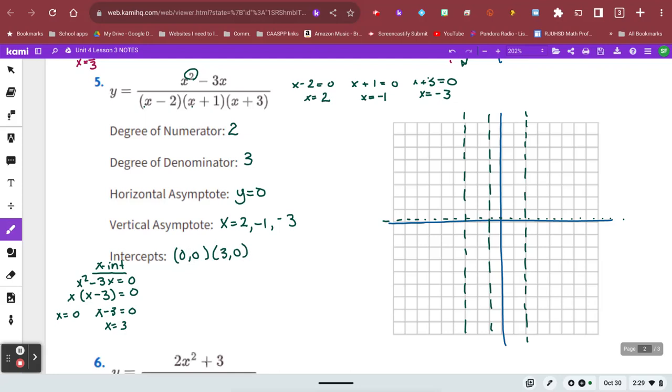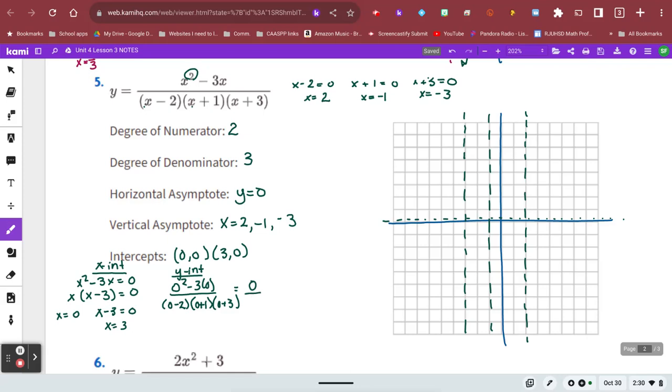And then we're going to go to the y-intercept, meaning for every x, I'm going to make it a 0. So 0 squared minus 3 times 0 over 0 minus 2, 0 plus 1, and 0 plus 3. Now we can see 0 squared minus 3 times 0 is going to be 0.